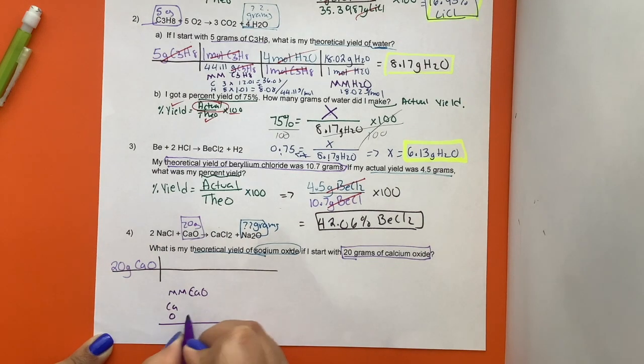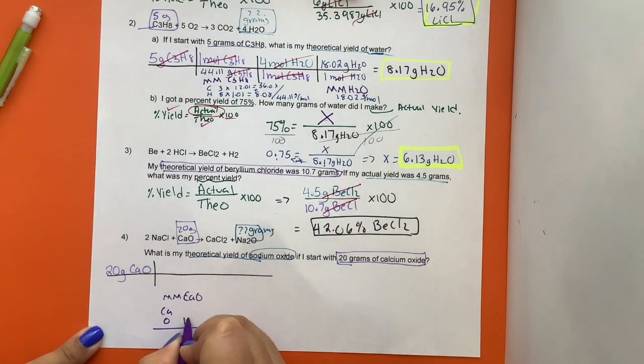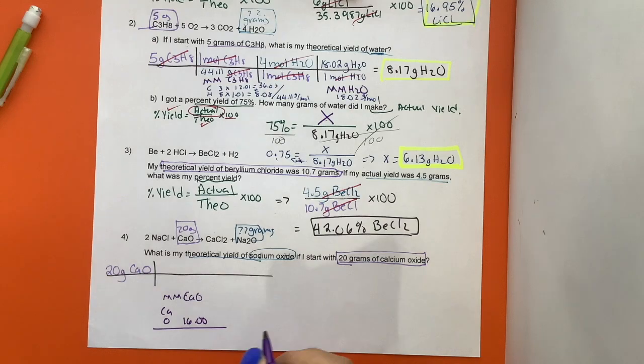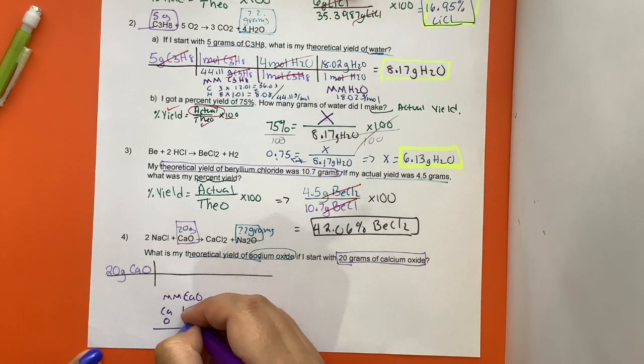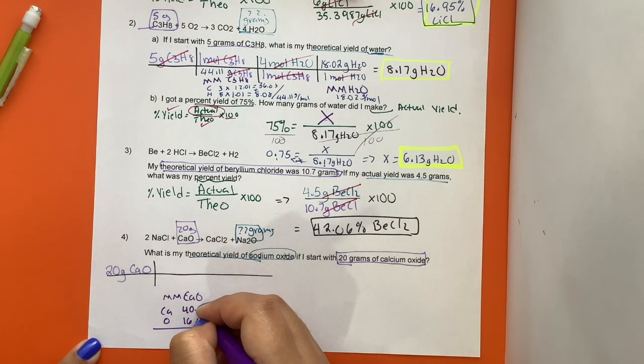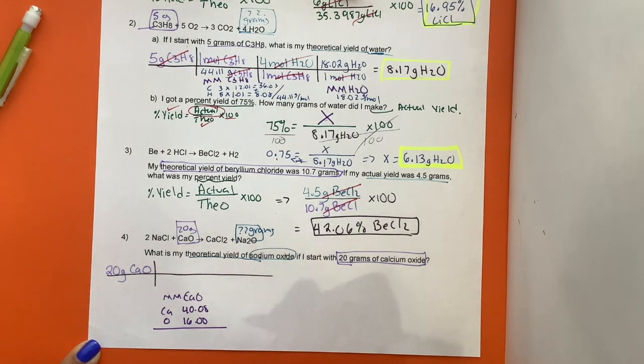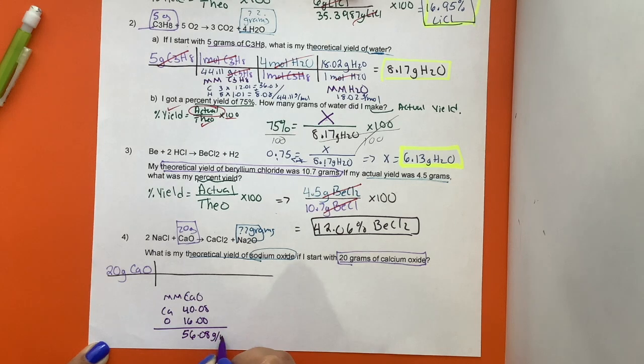Calcium and oxygen. Oxygen has a mass of 16. Calcium has a mass of 40.08. When I add both of these together, I'm going to get 56.08 grams per mole.